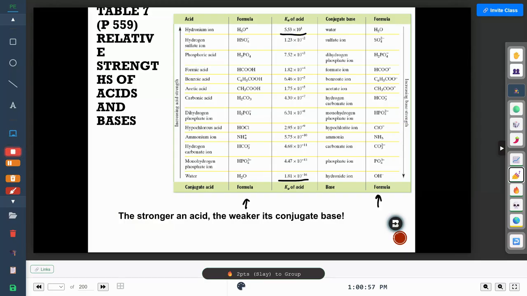So which of these values, the ones that are up at the top or the ones that are at the bottom, are indicating the stronger acids? Is it the ones at the top or the ones at the bottom? Because?